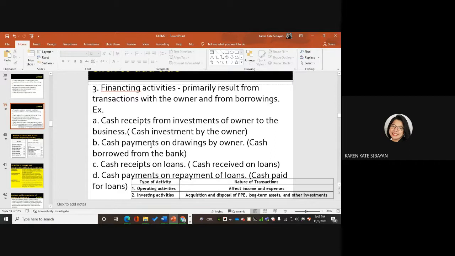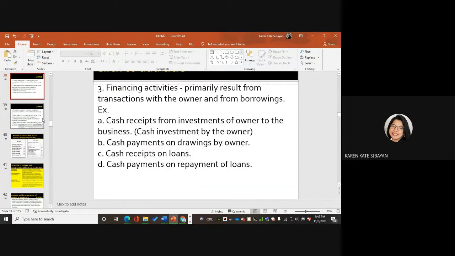Of course, cash sales to customers. So if you receive a cash from your customers, cash collections. Ito nga tayo. Cash sales, cash collections from credit customers, receipts of cash dividend from stock or investment, lalo na kung ang business ninyo is corporation, okay?